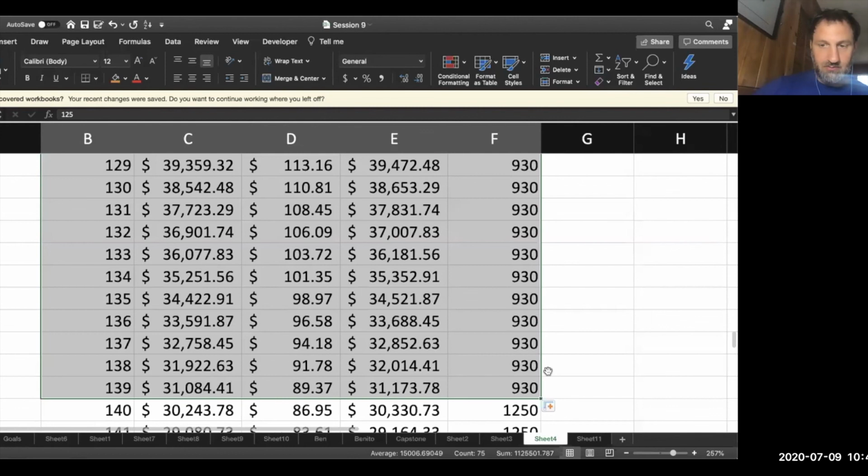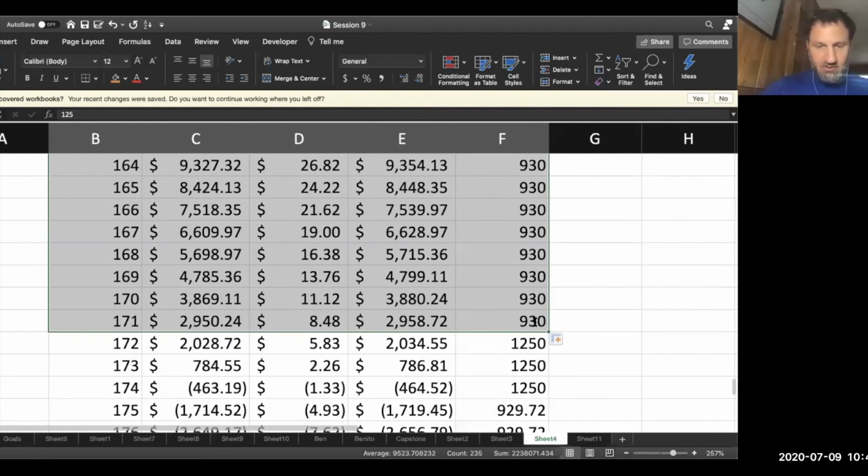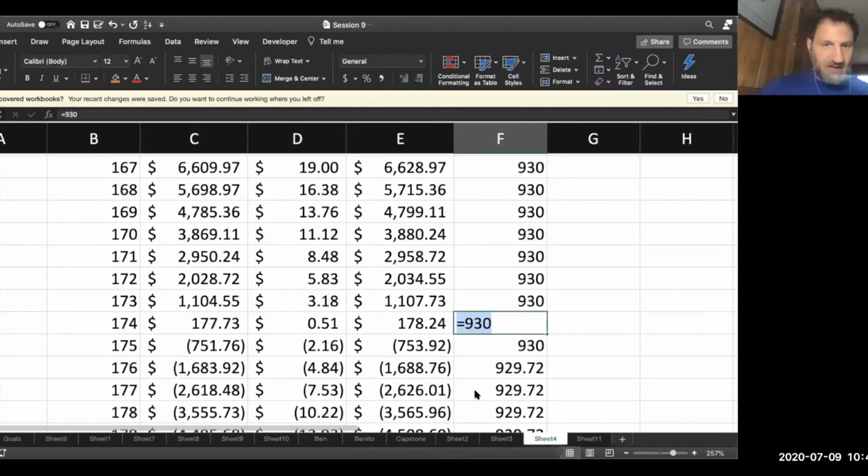Still winding down here. So it looks like the last month I only need to pay $178.24. And I pay it off 6 months early.